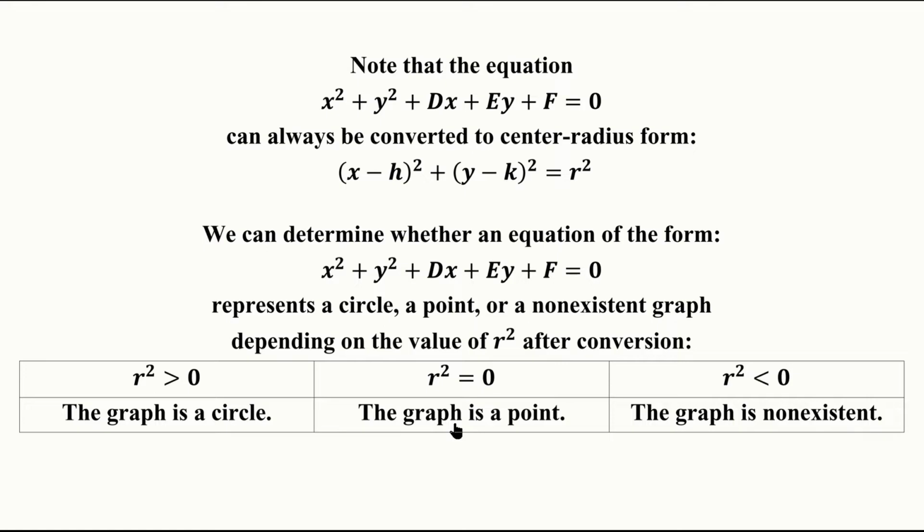Some people like to think of a point as a circle of radius 0, but given that we do not allow radii that are not positive, we want to stay away from doing that. But intuitively speaking, if you want to think about it that way, is it wrong? Not really. It's kind of what it is, right?